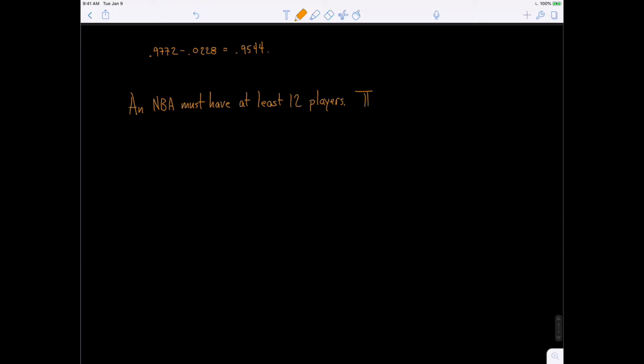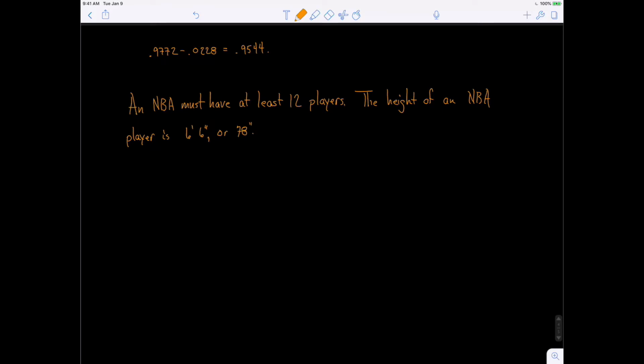The average height of an NBA player is 6 feet 6 inches tall, or that would be 72 plus 6 more, or 78 inches.